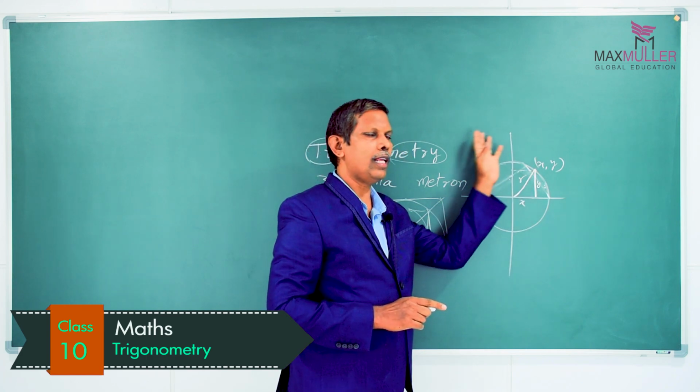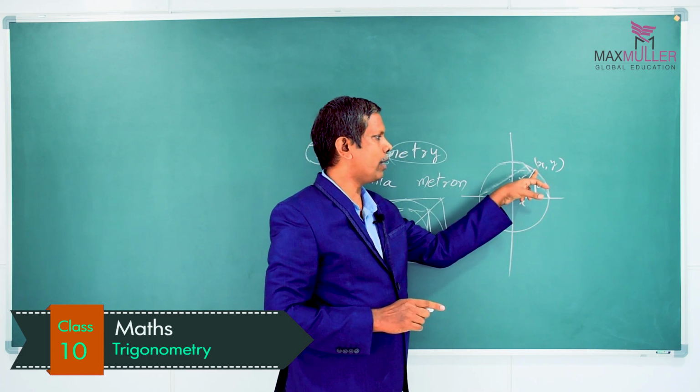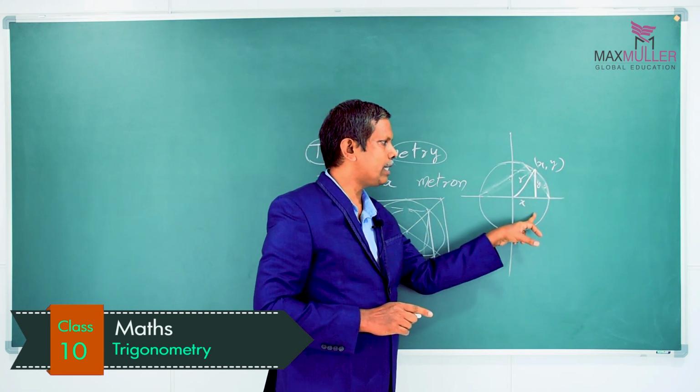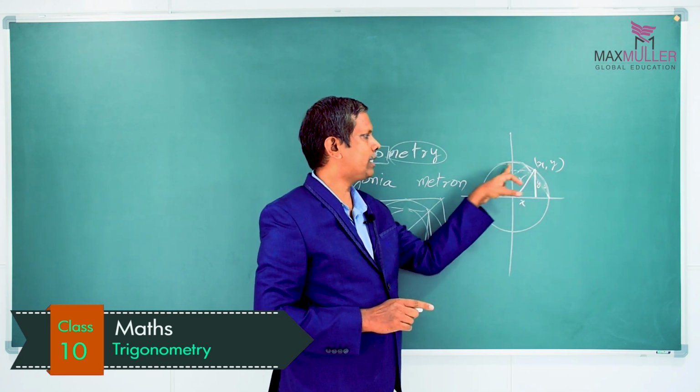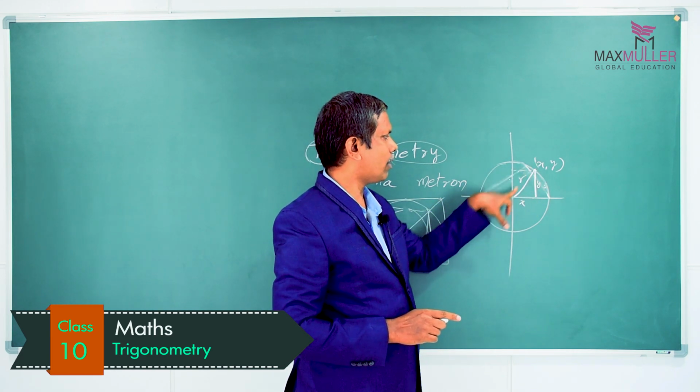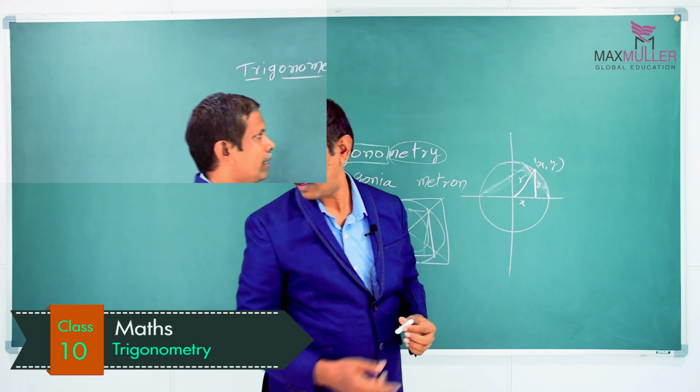In any circle, if I take one point, and consider the distance from the x-axis and the distance from the y-axis, these two form a triangle.